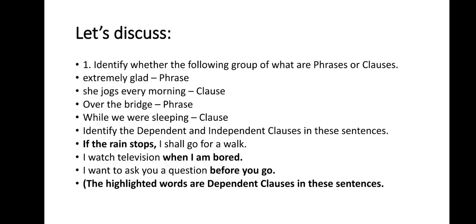No. But the next one, I shall go for a walk. That is an independent clause. It gives you a complete meaning. It can stand on its own. It doesn't want the support of the other clause. So that is the independent clause. And the first one, the highlighted one, if the rain stops, that is the dependent clause.